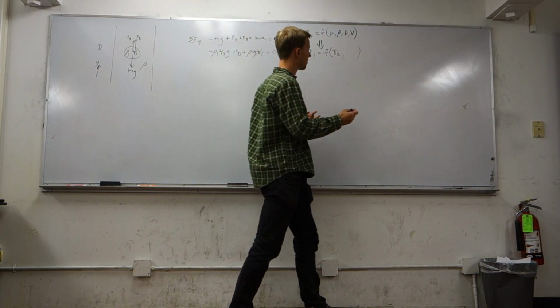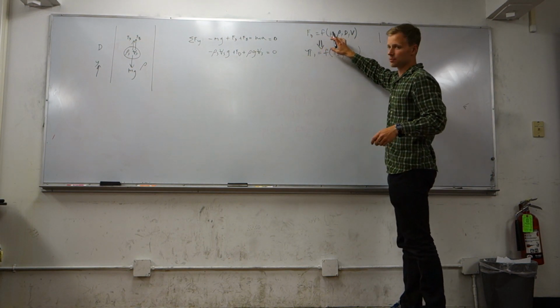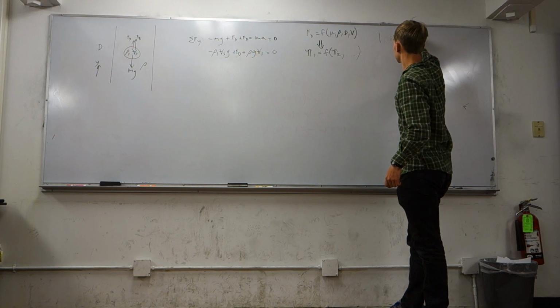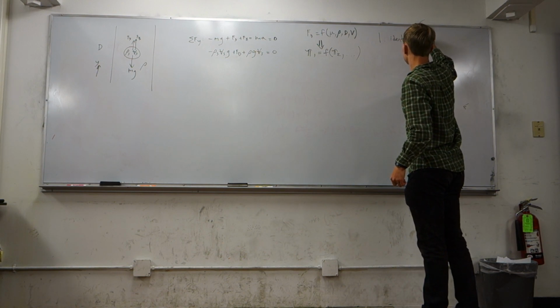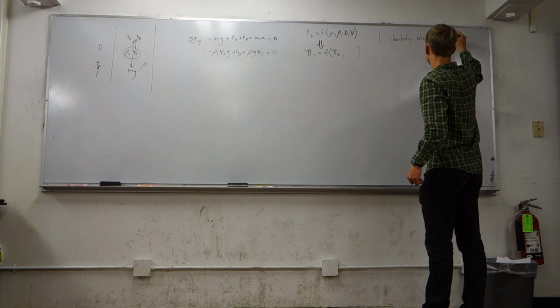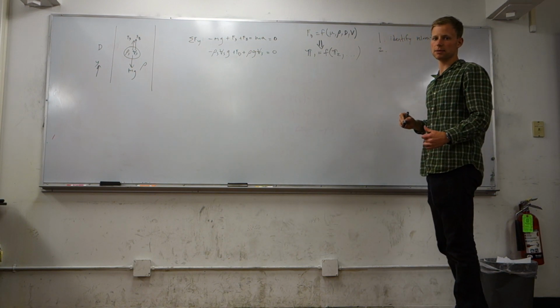So the first step in finding pi groups is to identify the parameters of importance, which we've done. So I'll write this down as a cookbook. Identify relevant parameters. The second step is to determine how many pi groups we need to be looking for.